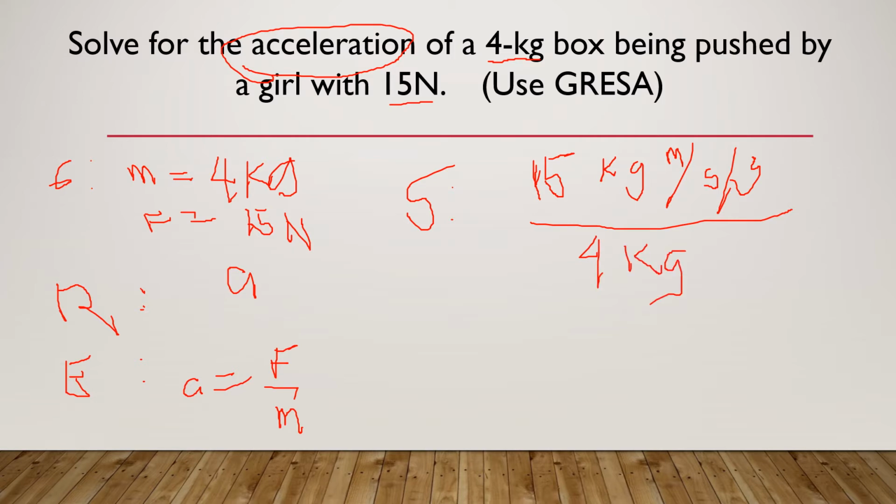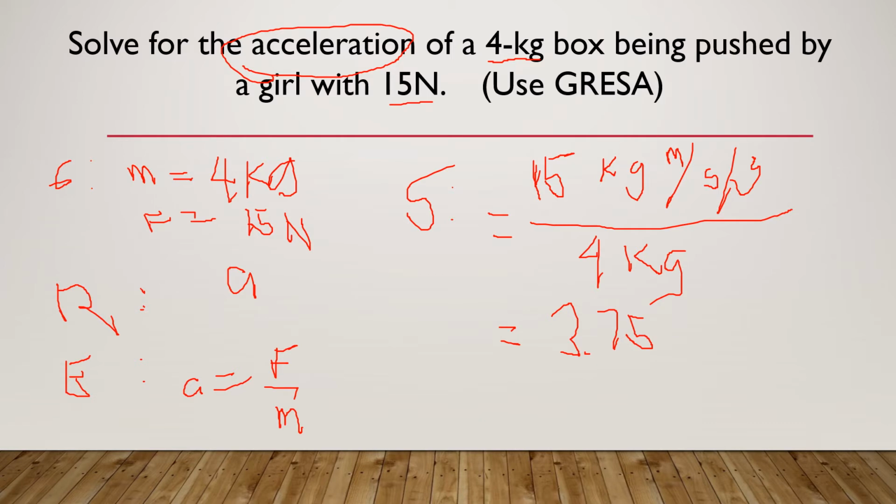So, you need to solve for the value of acceleration. So, you need to divide 15 by 4. What is 15 divided by 4? Okay, you are correct. 15 divided by 4 is 3.75.